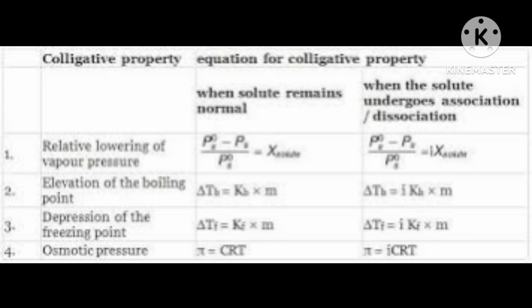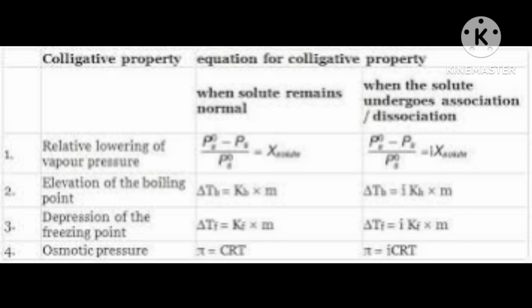In case of association, the value of i is less than unity. In case of association, less than 1. Don't forget, it will always be less than unity, meaning 1.